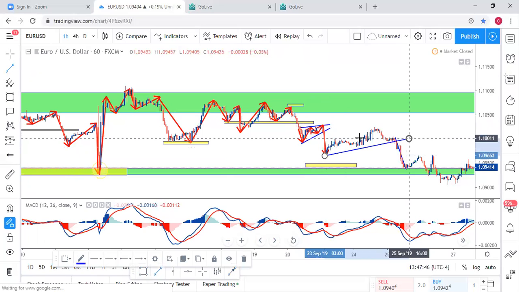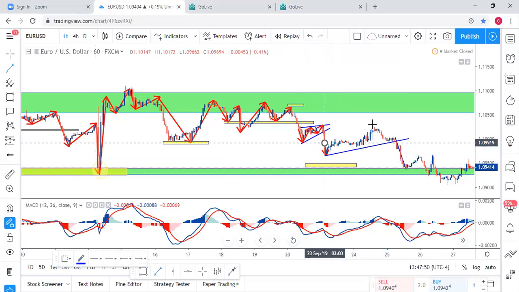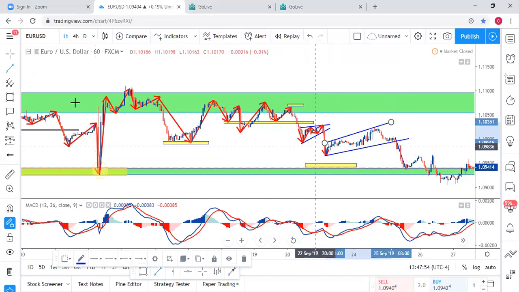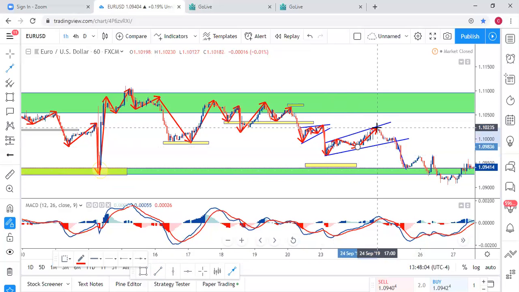As you can see, this is a bigger ascending wedge or rising wedge, which it then came down and did a drop after that, and you had this, and then you had this drop, right?